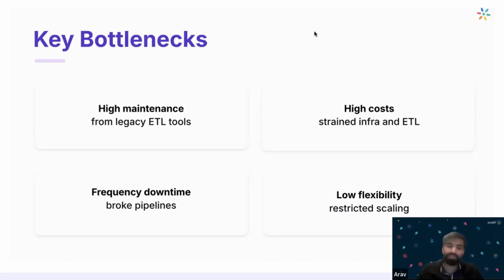They were continuously spending more on restarting pipelines because they were broken, and that led to them losing time, money, and availability of data, and this pretty much led them to look for something else, right? So it was not scaling as much.